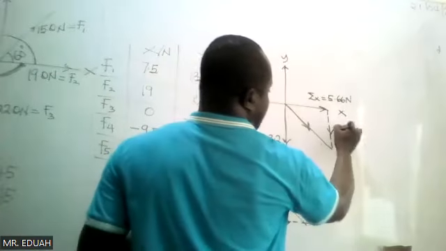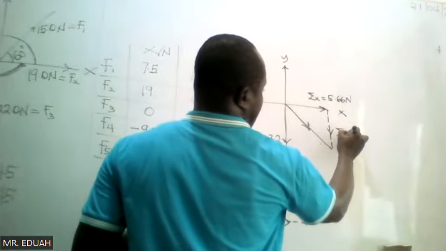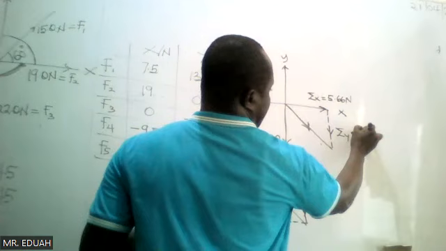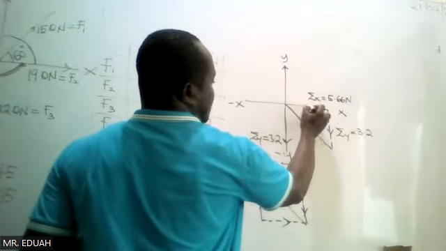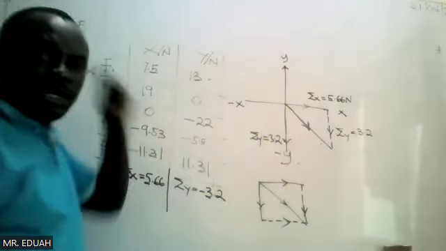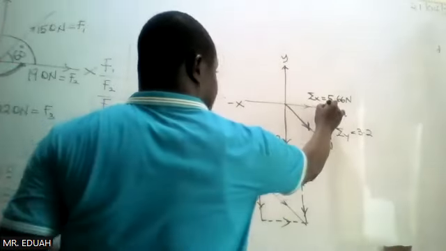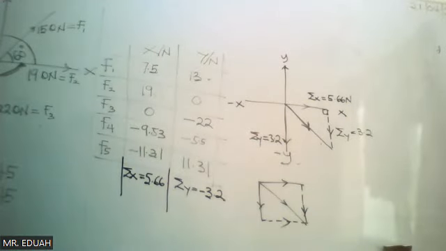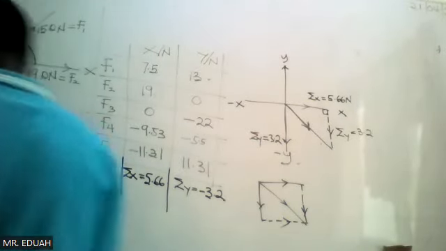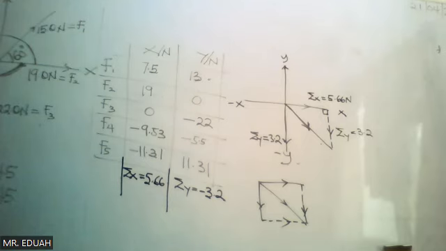So this is also summation y, which is 3.2. So look at the direction of the horizontal and this one, and they are perpendicular to one another. And so we use Pythagoras theorem to find the resultant. Please, class, find the resultant for me. Start work.